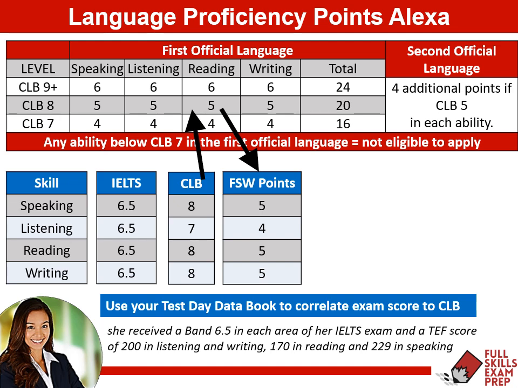However, we have listening. Listening was a band 6.5 in IELTS, which correlates to a CLB 7, which correlates to 4 points in the Federal Skilled Worker Program. So with her first language, she would get 19 points in total.